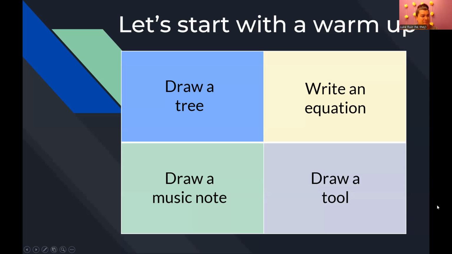If you want to take the next couple minutes, just do a quick draw and a write. In each quadrant, draw the respective thing I have for you. Draw a tree in one of the quadrants, write an equation in another, draw a music note in the bottom one, and then draw a tool in the far right one.